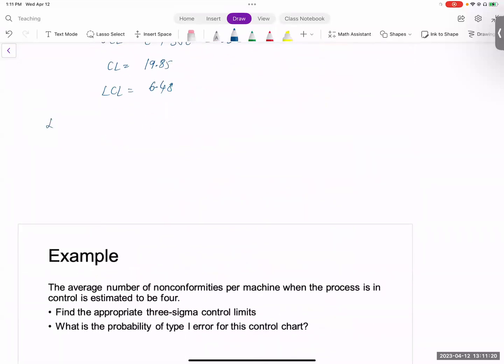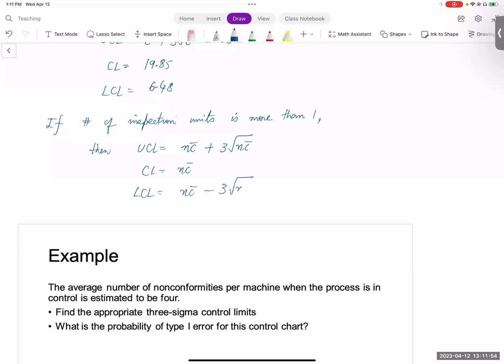So in that case, if the number of inspection units is more than 1, then your UCL is equal to n times C bar plus 3 square root of n C bar, CL is n C bar, and LCL is n C bar minus 3 square root of n C bar, where n is the number of inspection units.